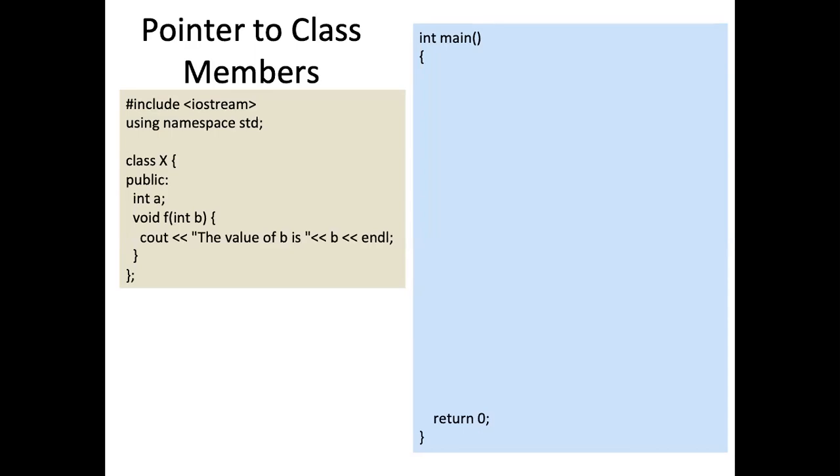If you are able to access that function from the main program, that function has to be part of a class definition, and that function has to be public. So using that public function, you can access any private data member or private function of a class.